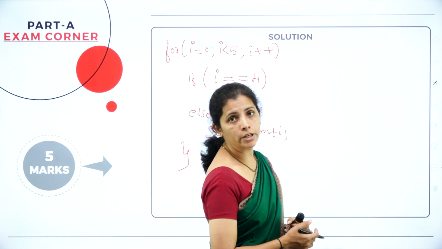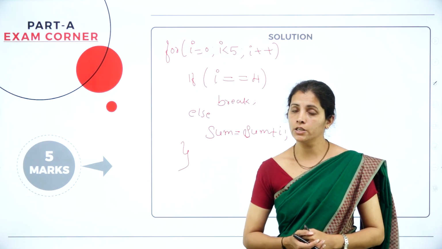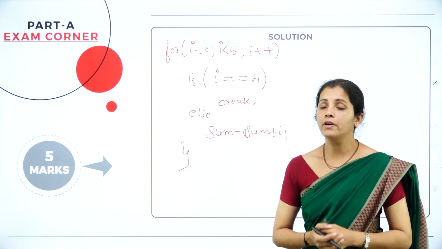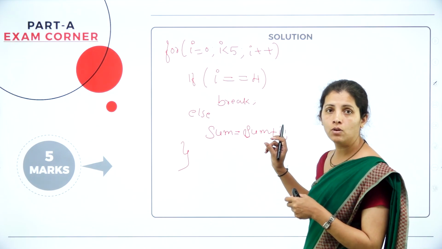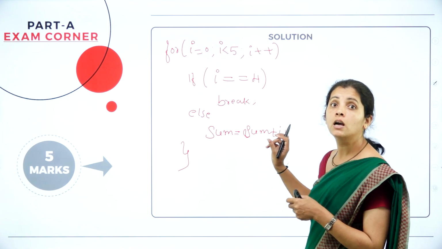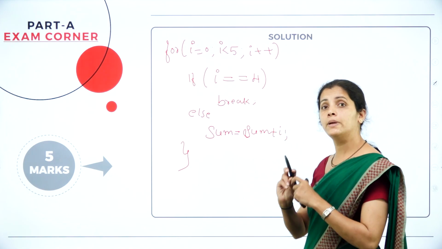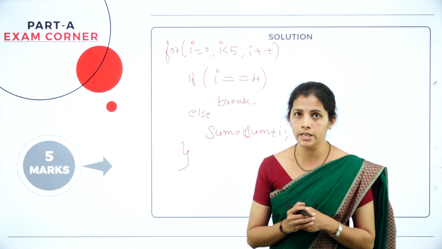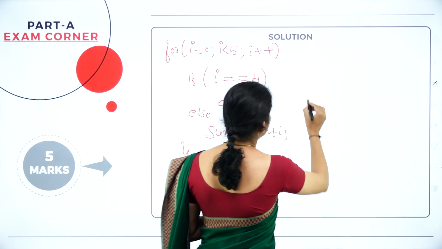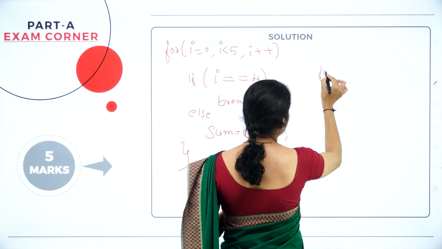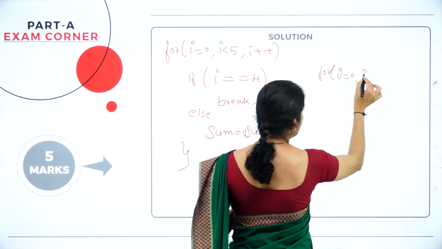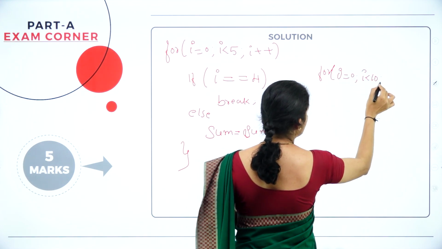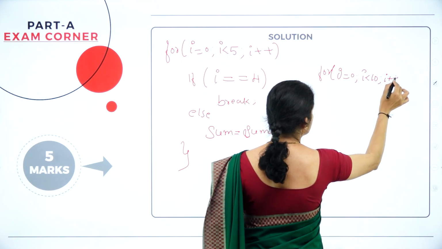Then what about continue? During the execution of the program, if I want to skip any iteration, then I'm going to use the continue statement. It's mainly used to skip the iteration. For i equal to 0, i less than 10, semicolon, i plus plus.